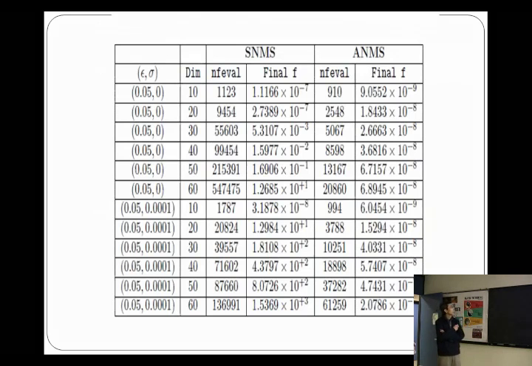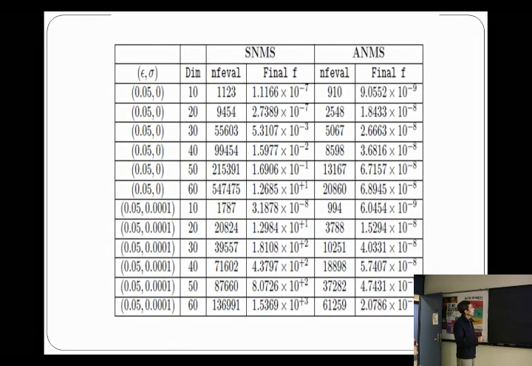So let's compare the two implementations. This is the standard implementation. This is the new implementation. Dimension from 10, 20 to 60. This is a quadratic case. We choose epsilon equals 0.05, sigma equals 0, so the quadratic case.